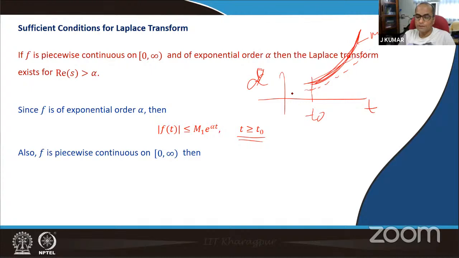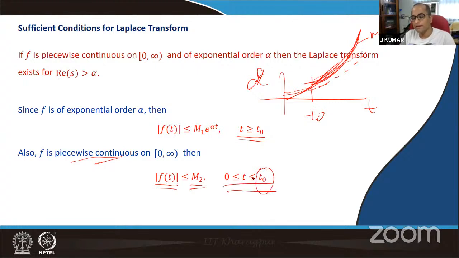It may not necessarily be true for smaller values of t, but that does not matter, because in this case piecewise continuity will help us, which says that the function is bounded by some constant in any finite interval.